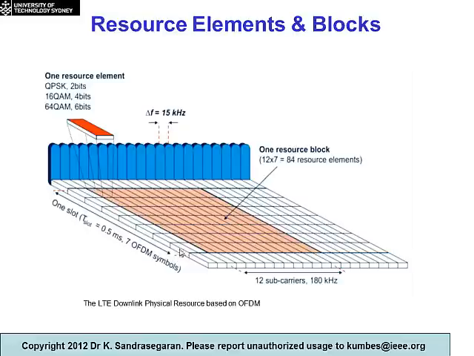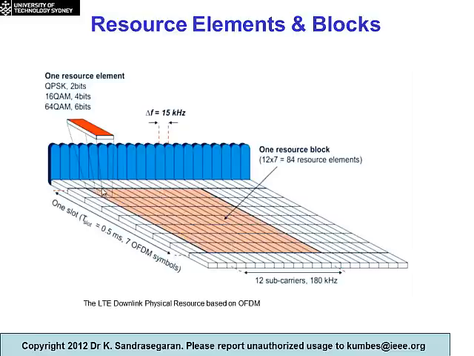On the time dimension, when we're using normal cyclic prefix, we had 7 OFDMA symbols. So 7 OFDMA symbols multiplied by 180 kilohertz is referred to as a resource block. So that's the basic. Just as we talk about a time slot in GSM, the basic building block in LTE is a resource block.